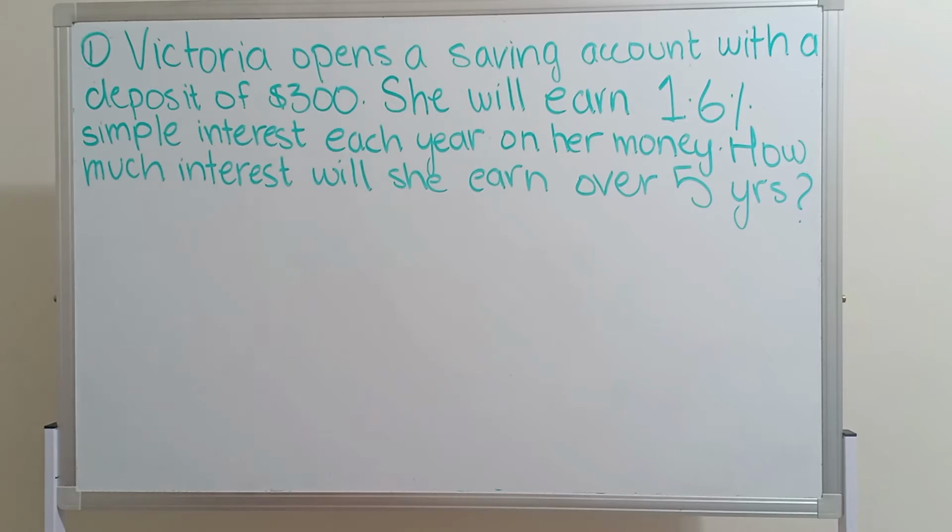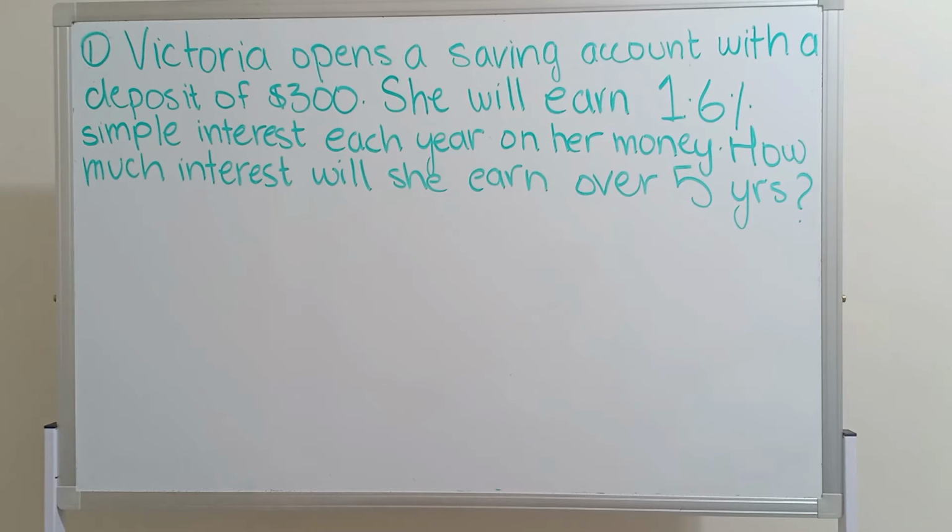Okay, so here we have our first question. Let's see what it reads. It says, Victoria opened a saving account with a deposit of $300. She will earn 1.6% simple interest each year on her money. How much interest will she earn over 5 years? So let's assume that she does not add or take out any money.